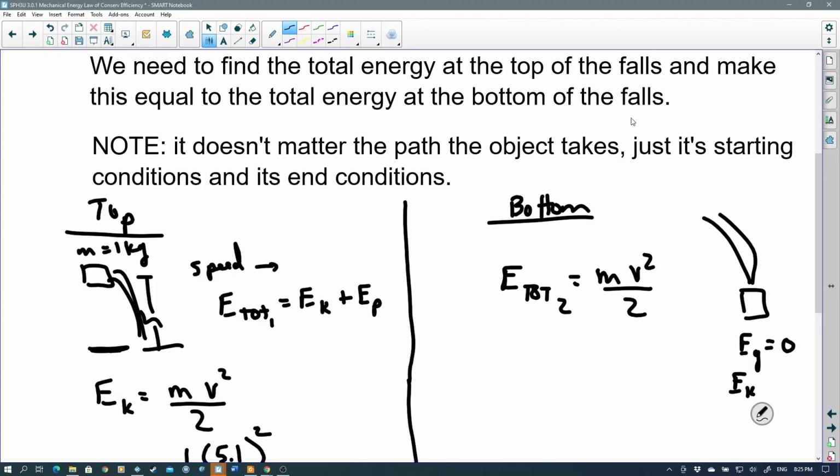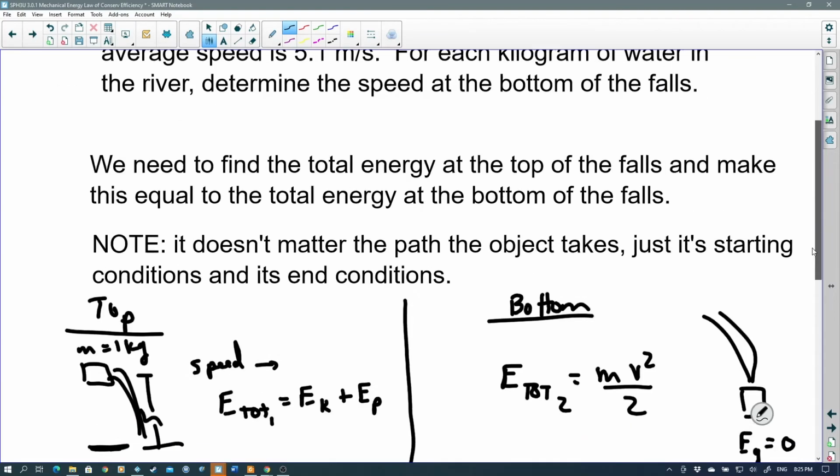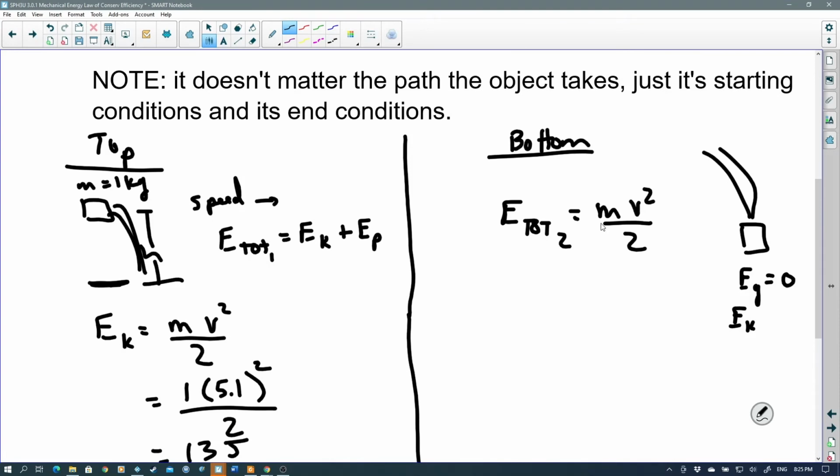Well, if you look at what we were trying to calculate, they asked us to determine the speed at the bottom of the falls. Well, that's our only variable now. Because we know the mass, the only variable is v. I need to make this equal to something on this side so that I can actually isolate v.